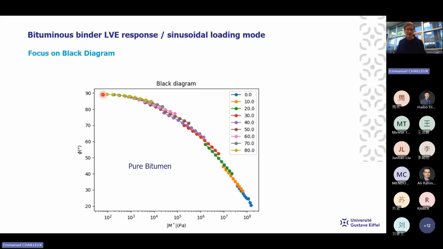The bitumen is like water. It's why we can coat aggregate with bitumen, because at a certain temperature it's like water. And at the opposite, at very low temperature or very high frequency, we have a very low phase angle. We are close to the elastic state.